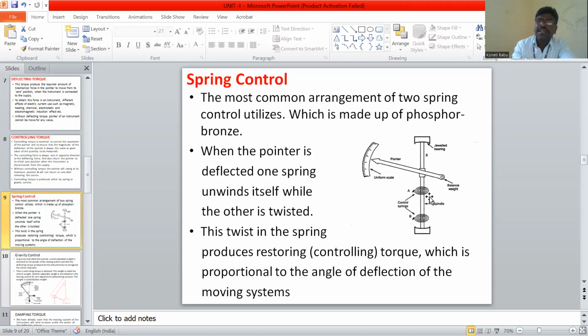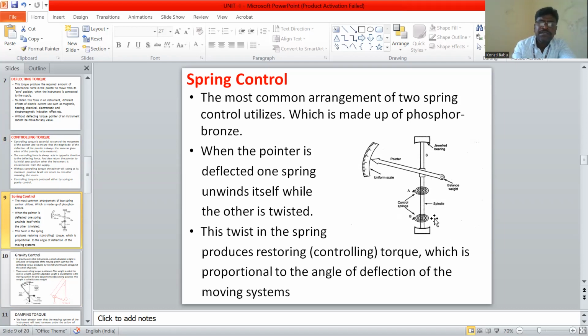The most common arrangement of these two springs is shown in the figure. These springs are made of phosphor bronze. When the pointer is deflected, one spring unwinds itself, while the other is twisted.